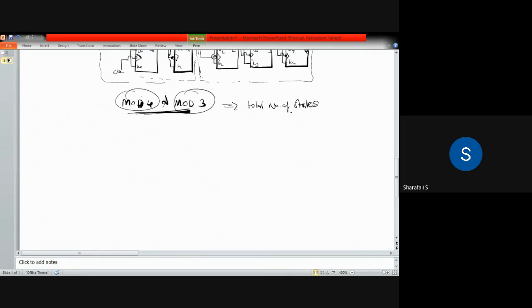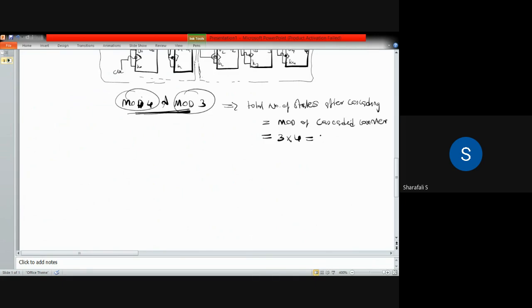So the total number of states after cascading is equal to the mode of the cascaded counter. That will be equal to 3 into 4, right?